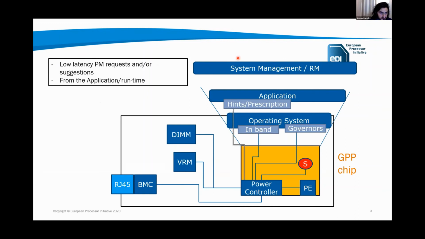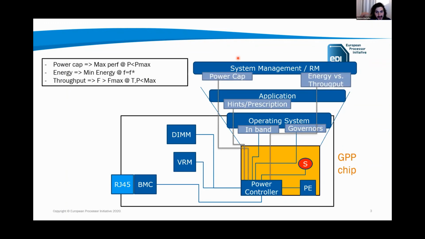Then, at the highest level of abstraction, we have the job scheduler and the system administrator, for which the power controller has to implement power capping services. These control the maximum power consumption of the node or socket, and so achieve the maximum performance under a power budget, or the maximum energy efficiency at a given performance target, or maximize the throughput under a boundary in power and temperature.